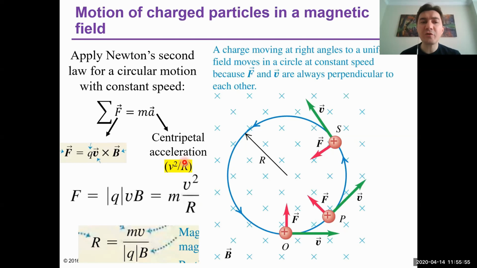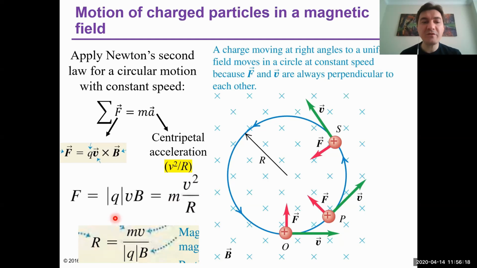And what about the forces here? We have only one force acting along the radial direction, right? So the net force is given by qvB, and this is the mass of the particle times the centripetal acceleration. Instead of a here, put the centripetal acceleration.